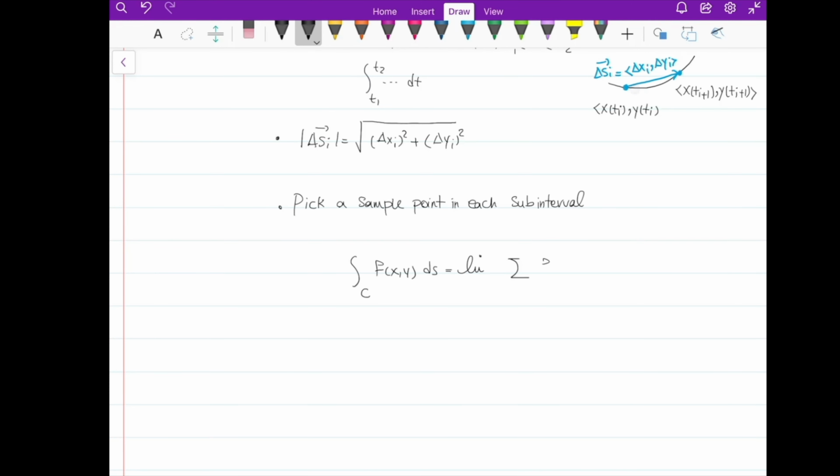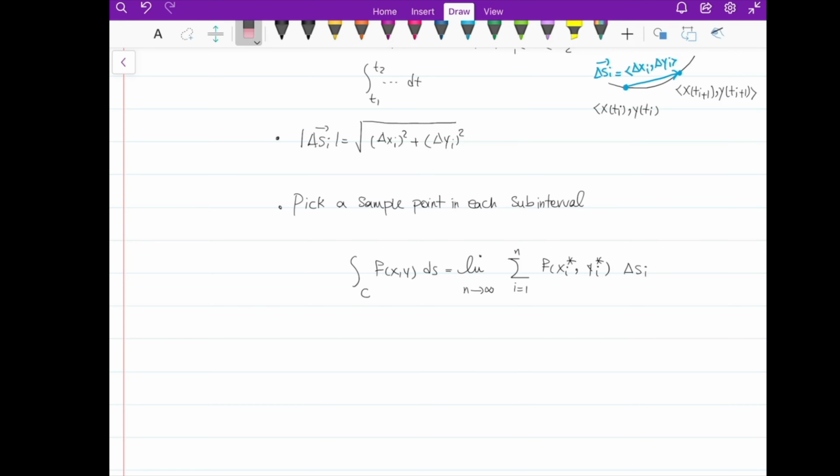So I'm going to multiply f of the sample point, xi, yi, by delta si, the length of this vector in here, and then sum over all of them, and then take the limit so that I have very, very small subintervals, okay? So that's the definition of the line integral of a function f with respect to the arc length over the curve C. Now for actually computing this, what we need to do is to use the formula for speed.